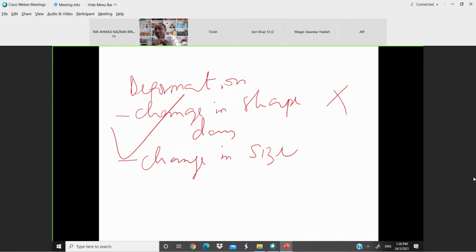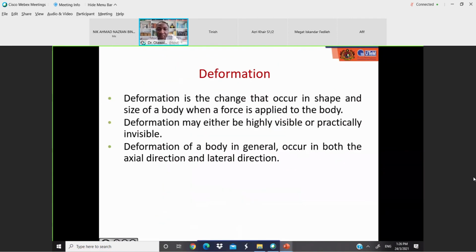Your shape will change and your size will change. That's why I tried to show you that the size will change. If you look at this now, you will discover that the size is not the same. The two of them are sitting on the mobile phone here, but the size is different because the shape has changed and the size has changed. So basically, when you talk about deformation, it's change that occurs in shape and size.